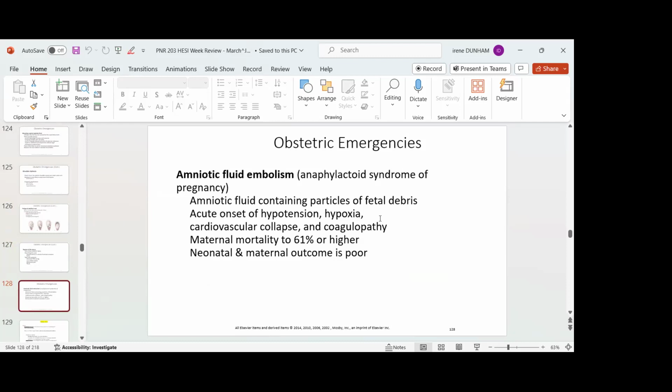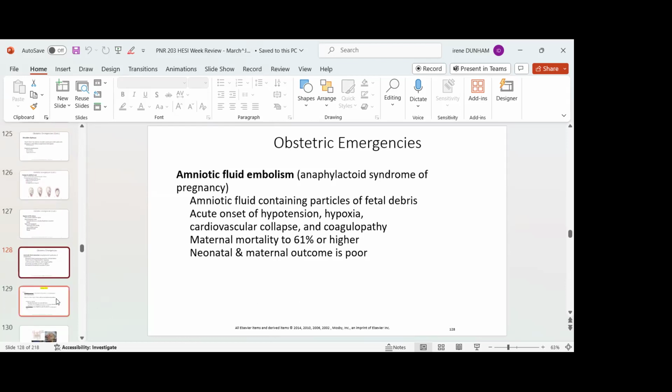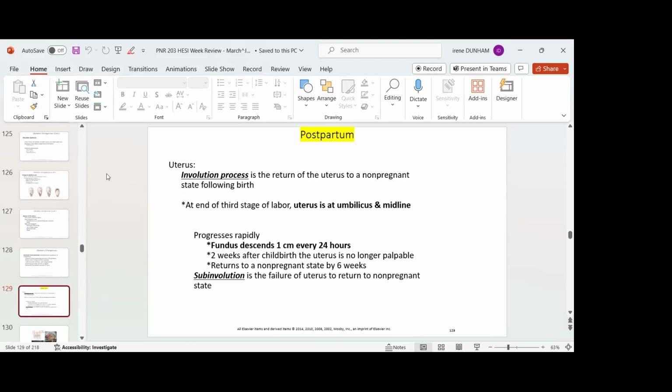It gets into mom's circulatory system and causes her cardiovascular system to completely collapse, and then she'll bleed out, and she can have hypoxia and low blood pressure. Very poor outcome. It can happen. Patients do die, and I've been on a couple where I lost my patient in that.